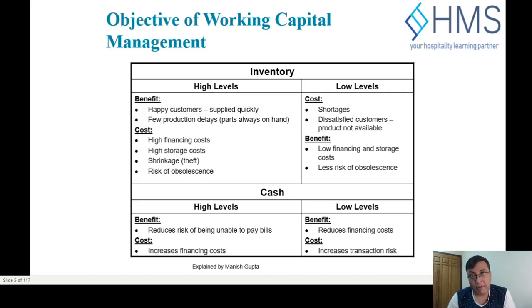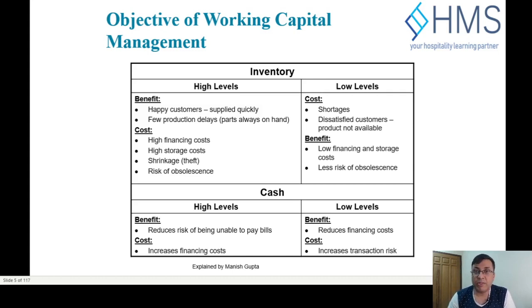The low level of inventory, however, also has its own risk. The low level of inventory can cause shortages. Customers may not get their goods and services in time, so that may be a problem when you have low inventory levels, especially when there is a short-term riot or short-term setbacks in any country, supply chain disruptions for a shorter period of time.